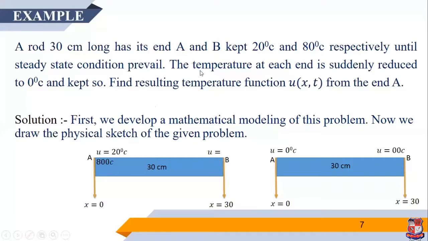Also here it is given that steady state condition prevails, that means the 20 degrees and 80 degrees at both ends are converted to 0 degree temperature at A and B ends also.